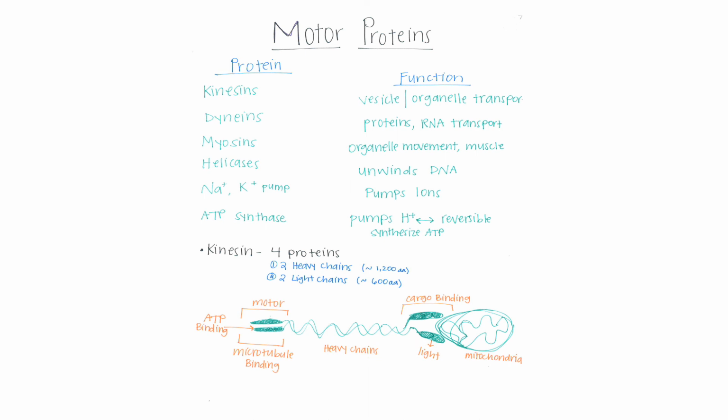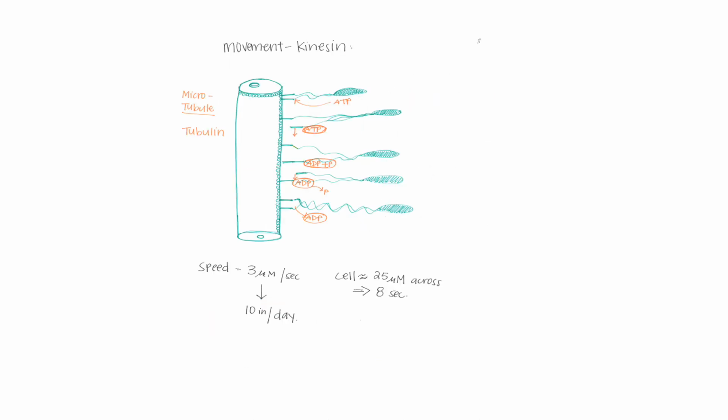And here's kind of an illustration of how it works. So this represents the movement of kinesin. It moves along a microtubule and carries an organelle or cargo like a vesicle or, in this case, a mitochondria.